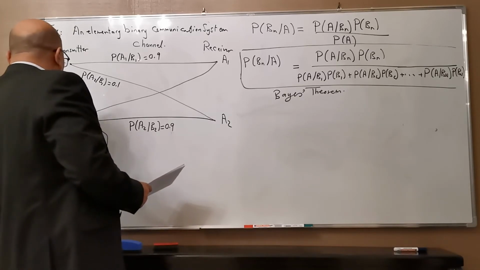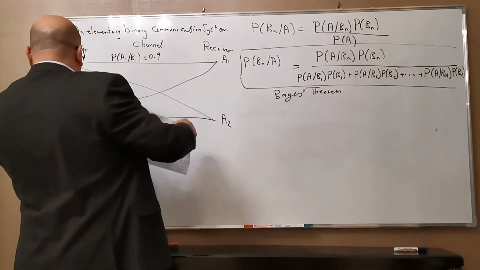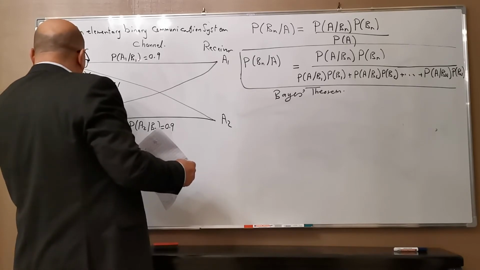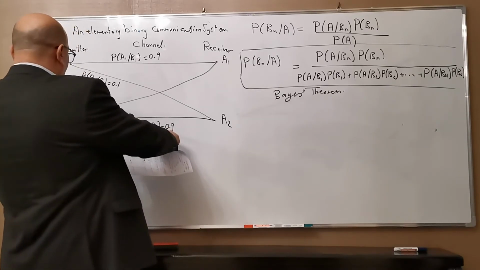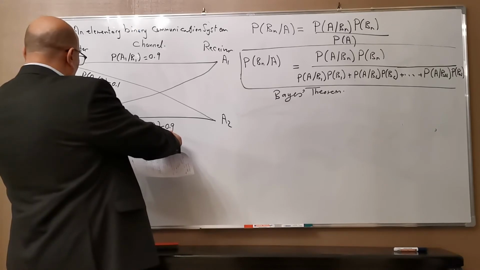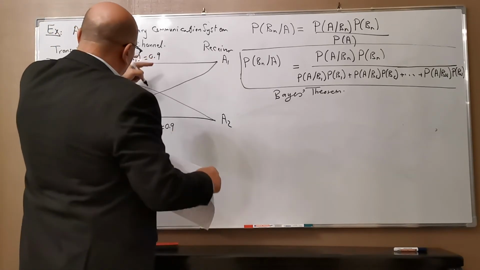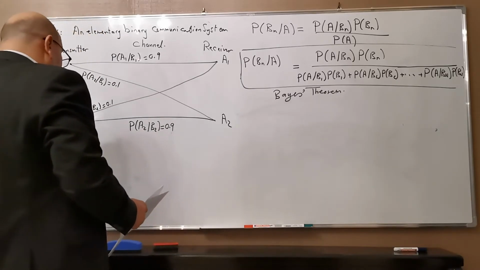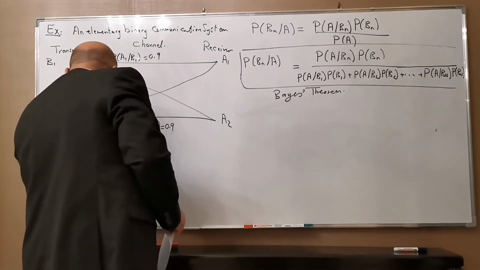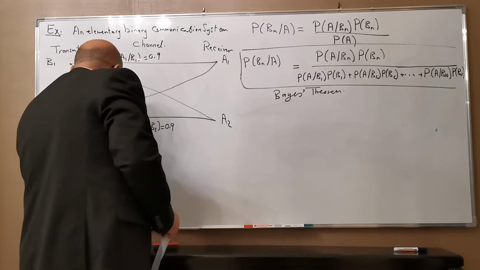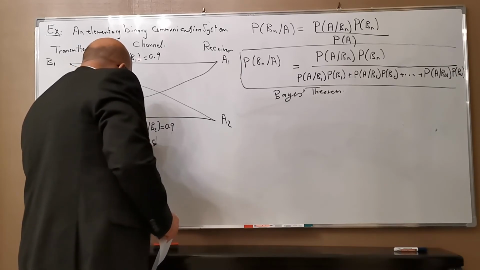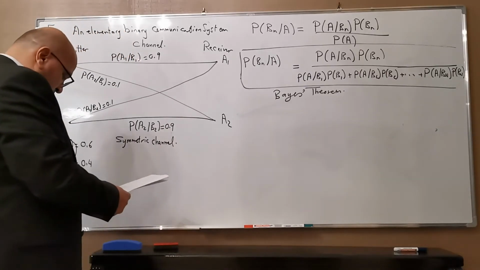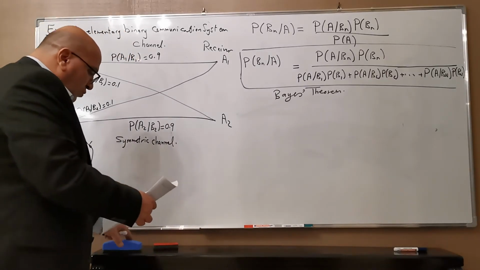And the probability that you have A1 received given that B2 was sent is also 0.1. With those values, 0.9 and 0.9, 0.1 and 0.1, we call the channel symmetric. Symmetric channel.